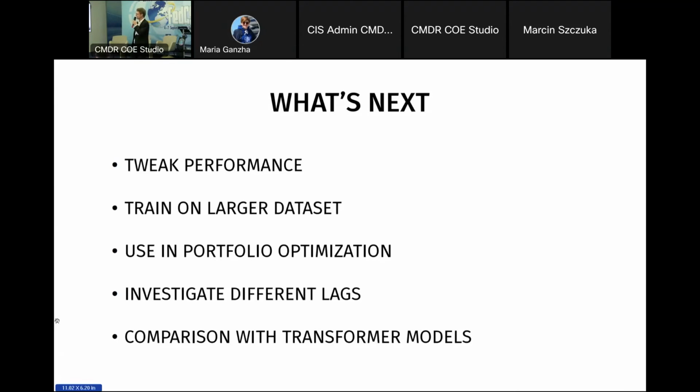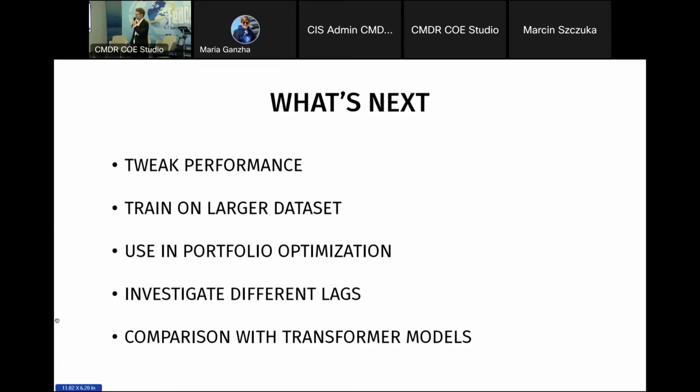And then the two last points, both of these were basically suggested by the reviewers of my paper, which I'm very thankful for. So one of the suggestions was to investigate how different lags improve the performance of the model. So what would happen if I would predict the price change not on the next day, but say in the next week or next month?